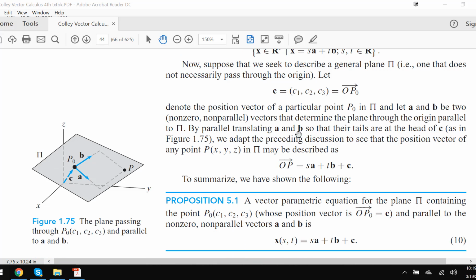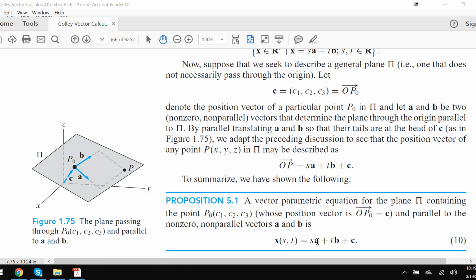To summarize, a vector parametric equation for the plane pi containing the point P0 whose position vector is that, and parallel to the non-zero, non-parallel vectors A and B is this. Here we had a vector OP, but here we're just saying we have X.